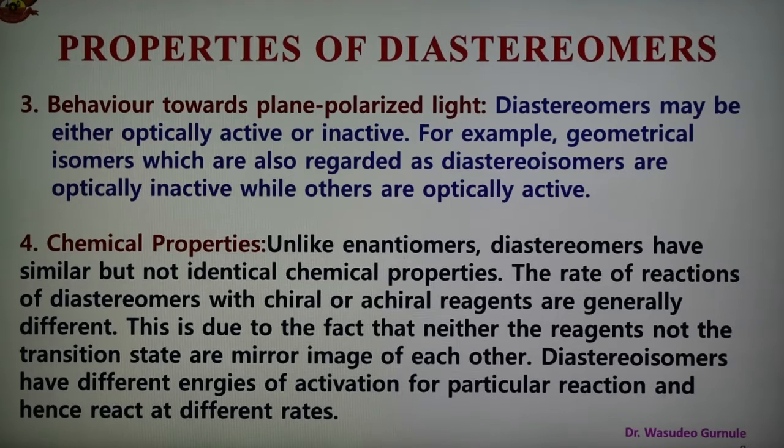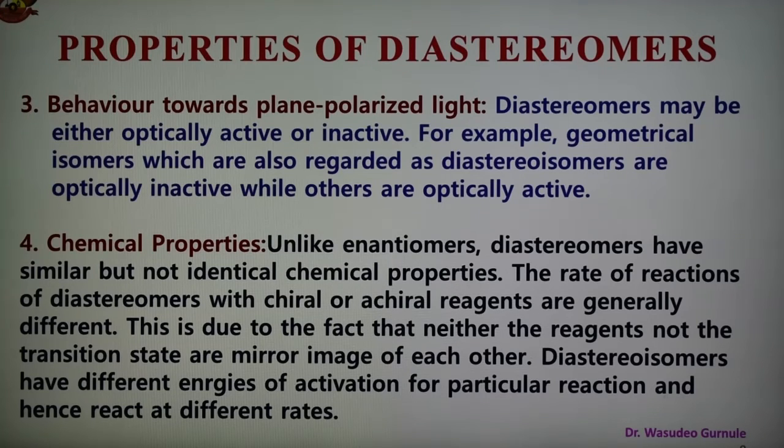Number 4, chemical properties. Unlike enantiomers, diastereomers have similar but not identical chemical properties. The rates of reactions of diastereomers with chiral and achiral reagents are generally different, and this difference is due to the fact that neither the reagents nor the transition states are mirror images of each other.